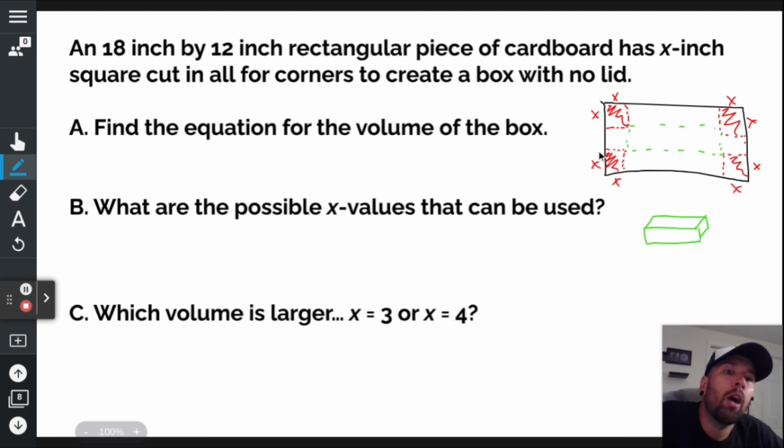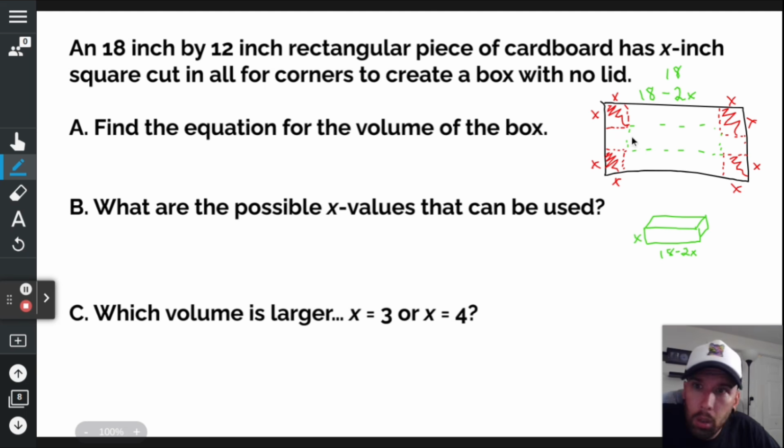Since I cut out X corners, the height is X. If this whole length was 18, and I cut out two X's, the length of the part that's left over is going to be 18 minus 2X.